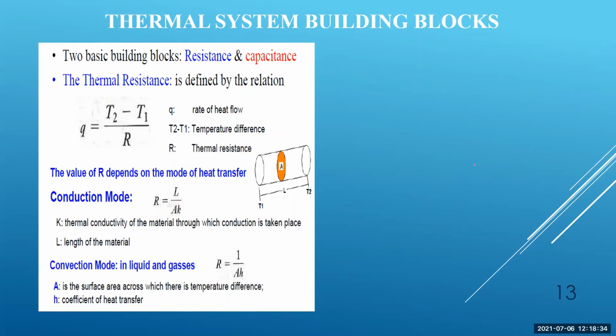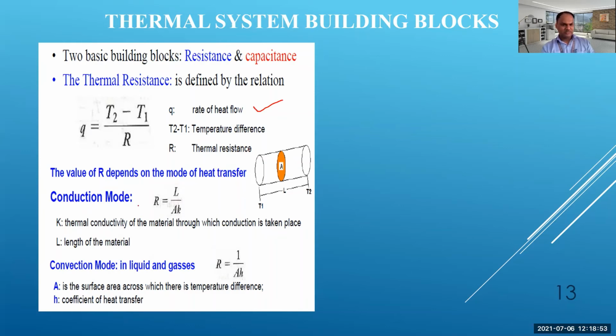In this thermal system, there will be a temperature differential and R will be the thermal resistance. So the rate of flow will be equal to T2 minus T1 divided by thermal resistance.